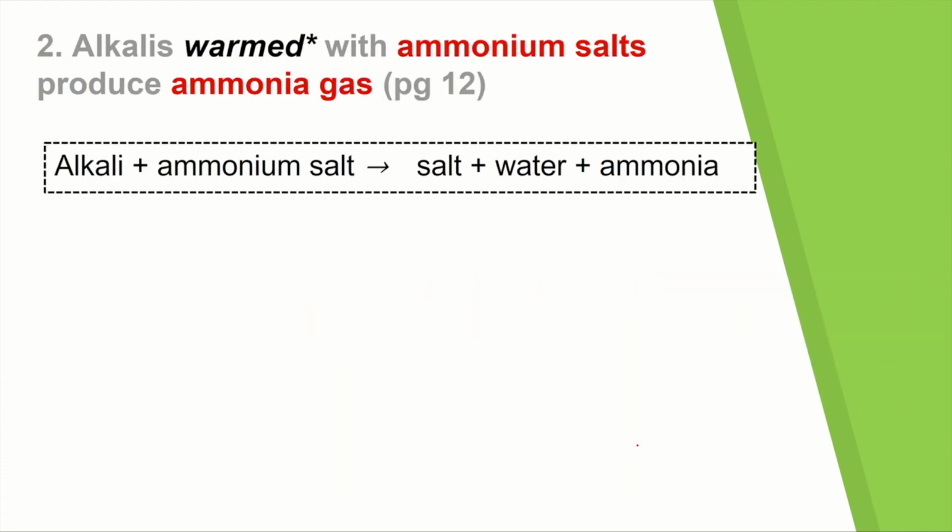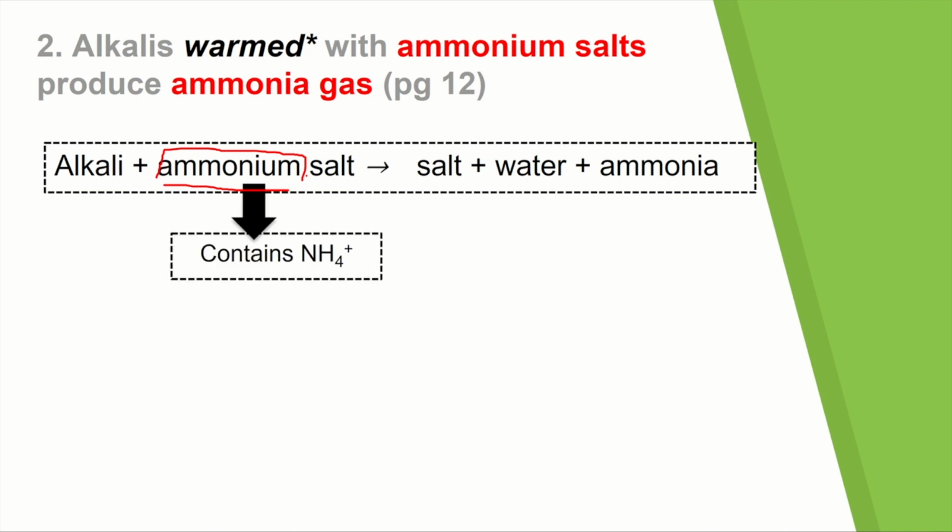Alkalis can react with ammonium salts to form these three products. When you see ammonium, I want you all to recall what is an ammonium salt. What must it contain? Under ionic compounds, we recall the formula. Ammonium salt contains NH4+.